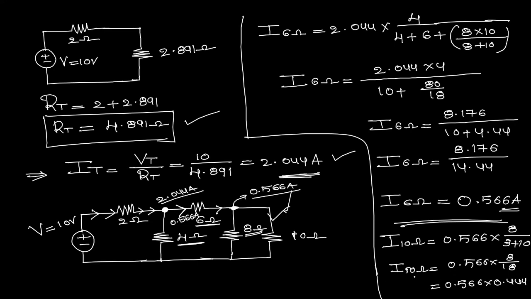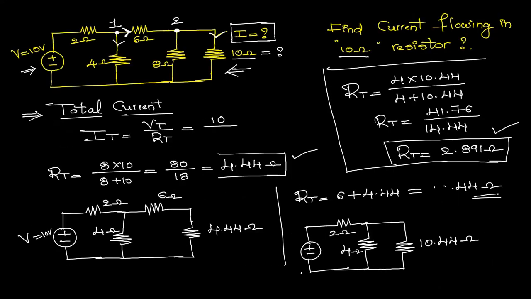Now if you simplify, the current flowing through 10 ohms is equal to 0.566 into 0.444, which gives the value of current flowing through 10 ohms as 0.251304 amperes.